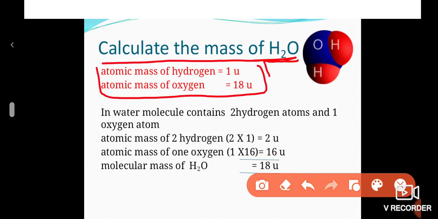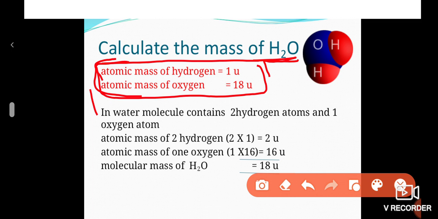This value we take from the table. The mass of hydrogen is 1 U. The mass of oxygen is 16 U. If you don't know, refer to table 3.2 in your book. This information we should know.